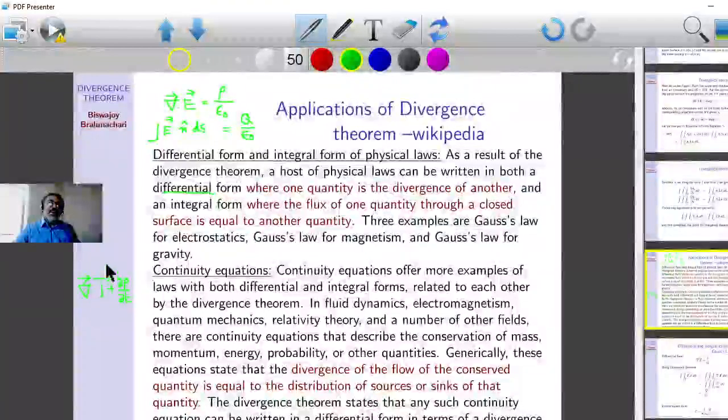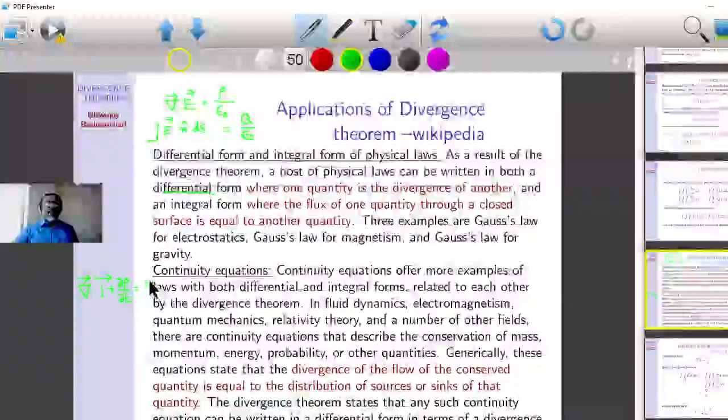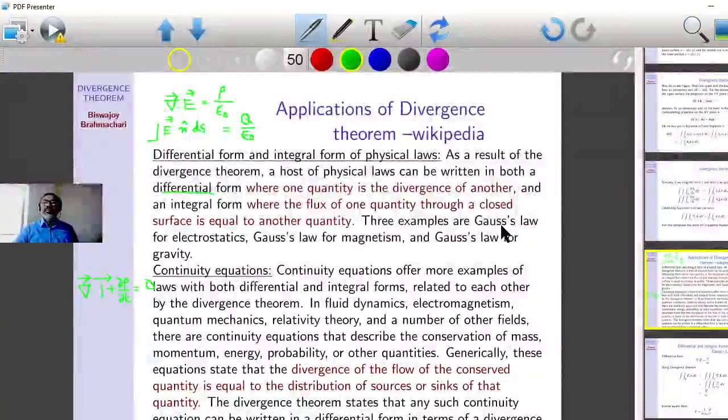Here the divergence of the current in certain region of space, and this is the time rate of change of electric charge density in that region. This is equal to 0. That is the continuity equation. In electrodynamics, because if there is a rate of change of electric charge density, this is the continuity equation.